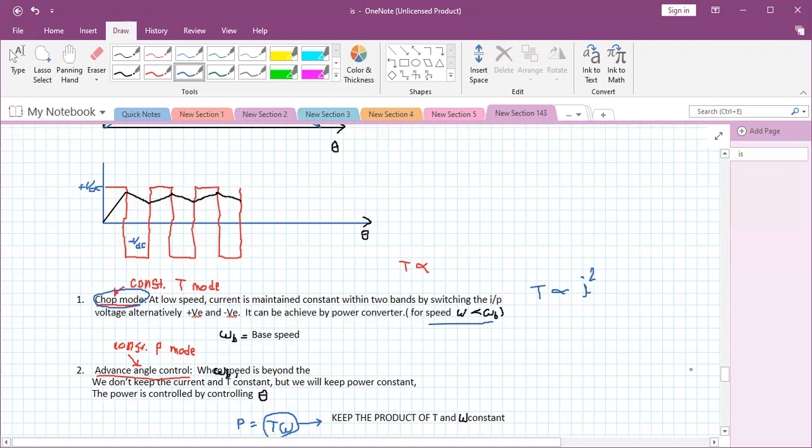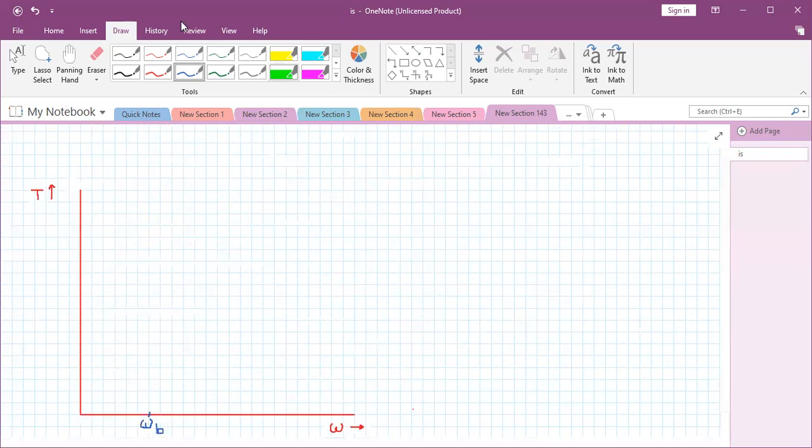So in this region, when the speed is below omega b, or the base speed, the torque is constant. So here I will draw the torque constant, up to omega b.